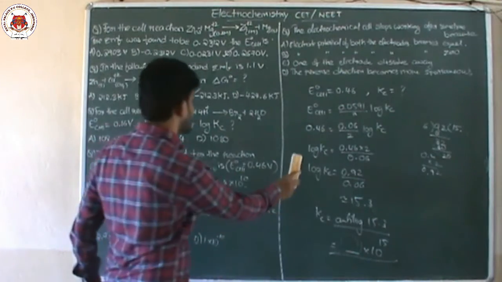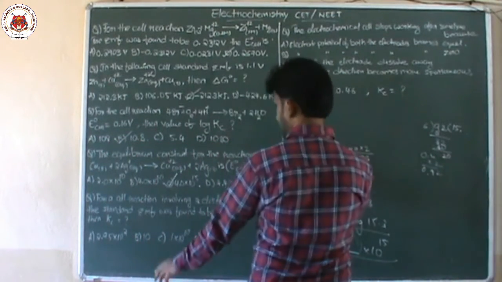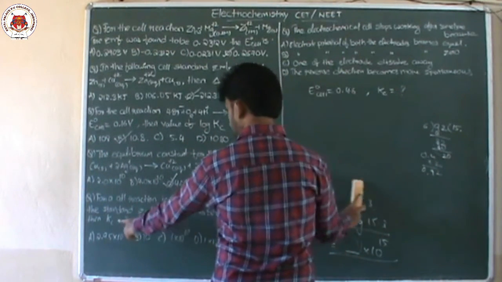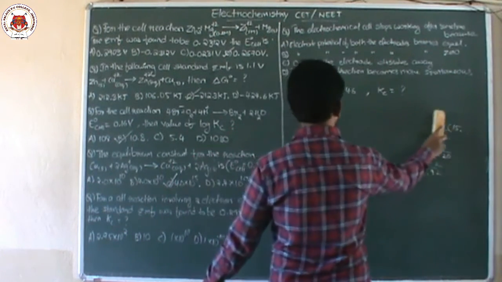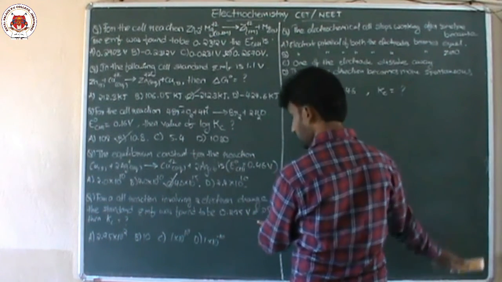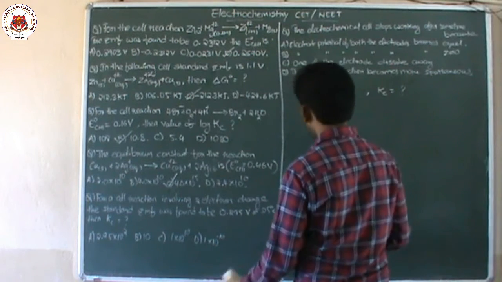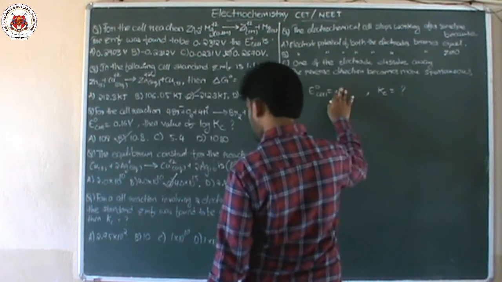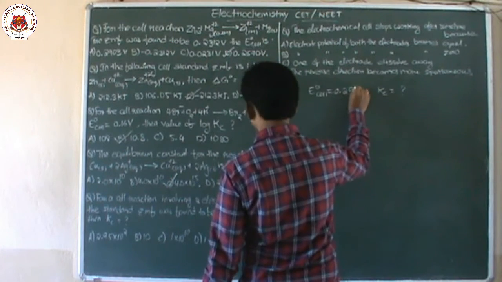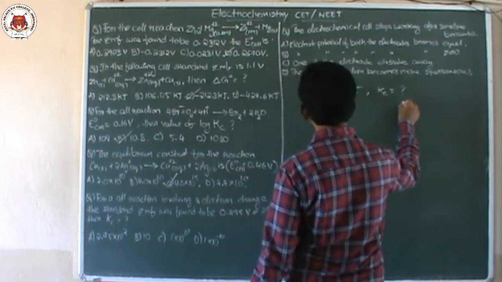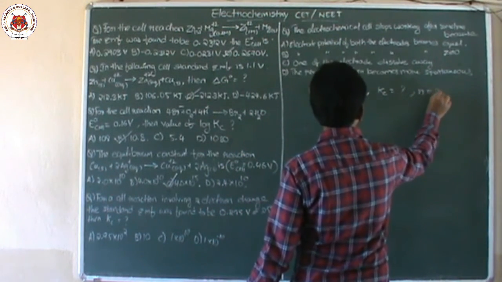For a cell reaction involving two electron change, the standard EMF was found to be 0.295 volt at 25 degrees. Then Kc is how much? Cell potential is given as 0.295 and they want Kc, and they are saying that n value is 2 for this reaction.